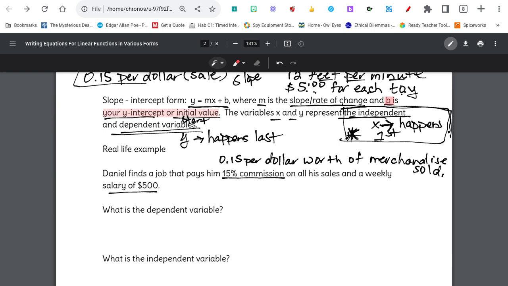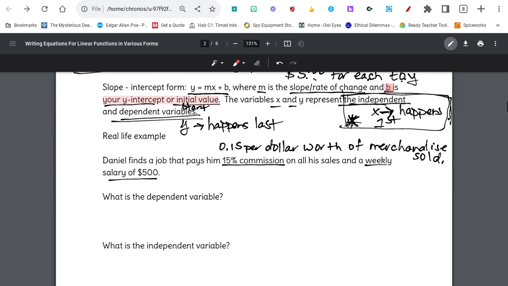So Daniel gets to keep 15 cents on every dollar. But he has a weekly salary of $500. So that means that every week he's guaranteed $500. But the only way he gets to keep the 15 cents on every dollar, he has to sell something. If he doesn't sell anything, he doesn't get 15 cents for any dollar because there's $0.